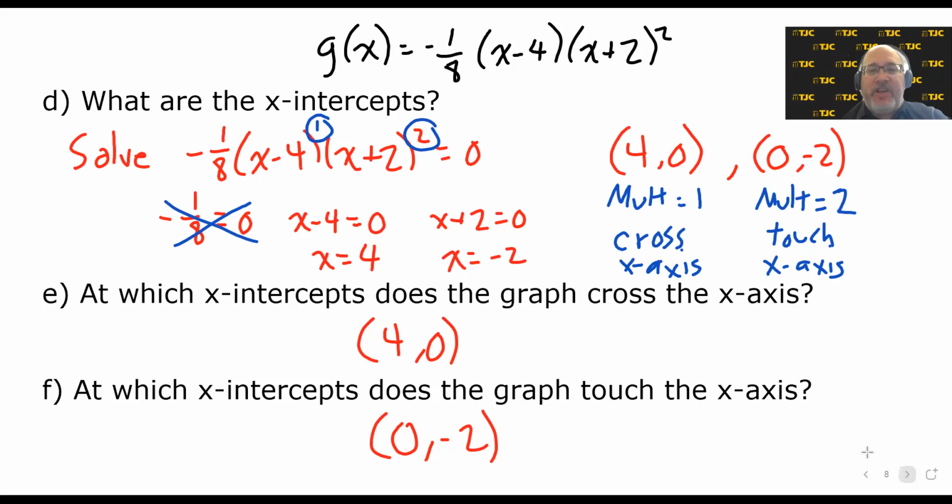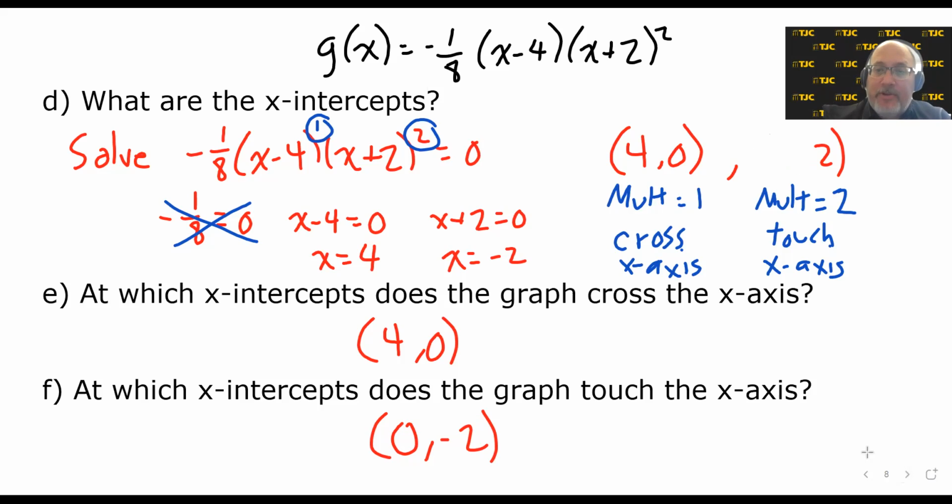We cross the x-axis at (4, 0), touch it. Hold up. I'm glad I caught this. One of these x-intercepts is incorrect because one of these x-intercepts isn't even on the x-axis. It's the second one.